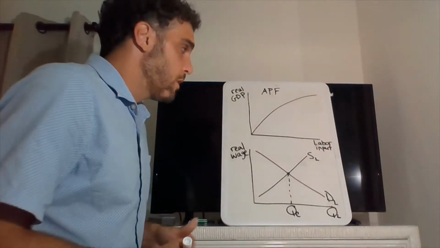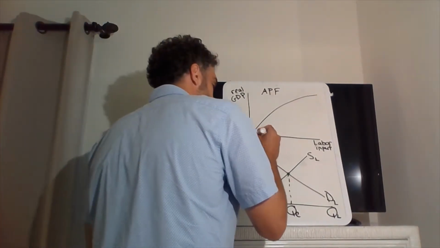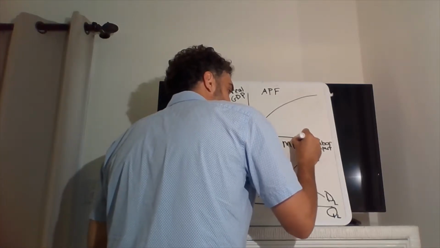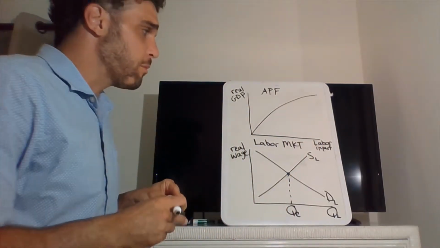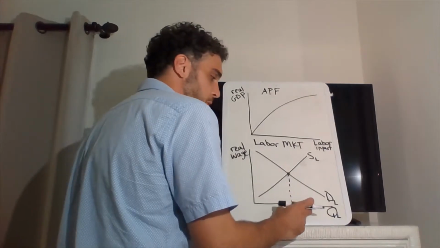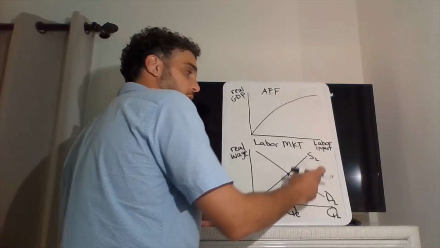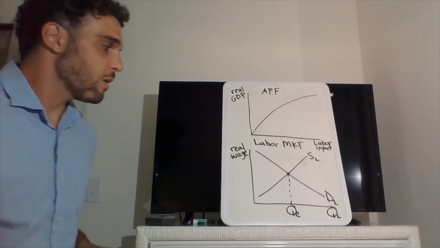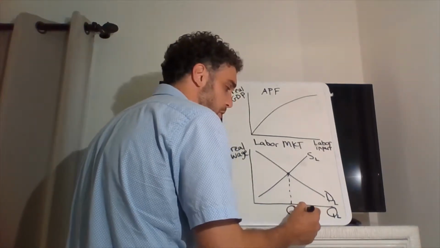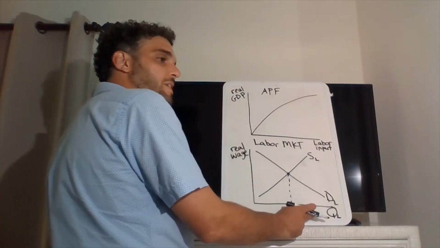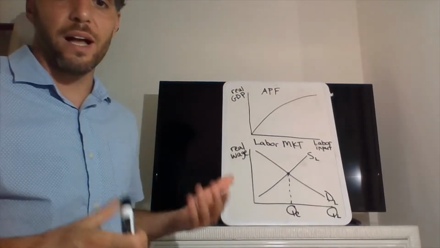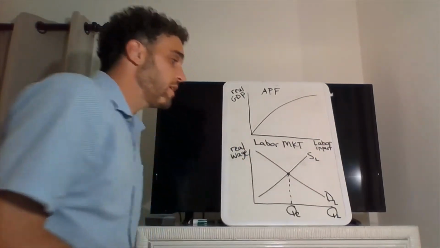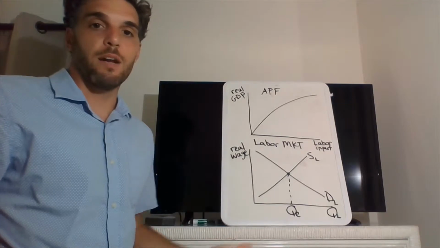So if down here we have our aggregate labor market, well, in our labor market, the equilibrium amount of people that are employed, where supply of labor is equal to demand for labor, well, this equilibrium quantity of labor, one, tells us how many people are employed, but it also tells us the amount of labor input that's being used by the economy overall.